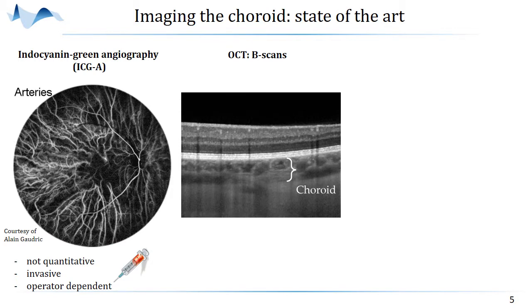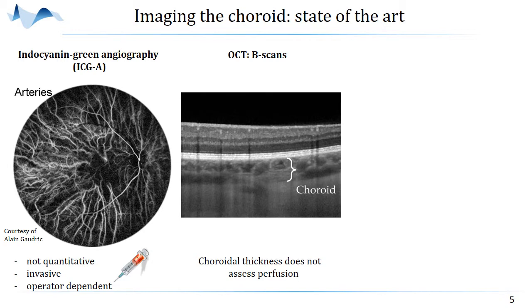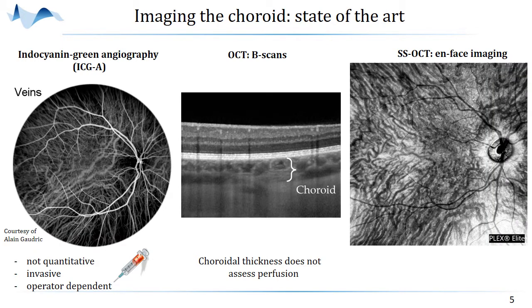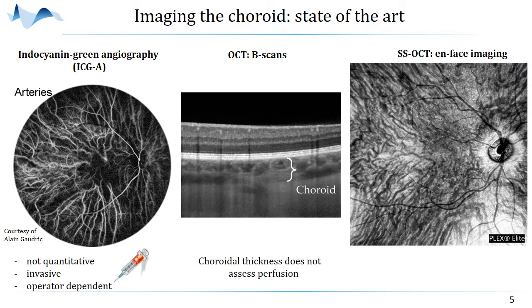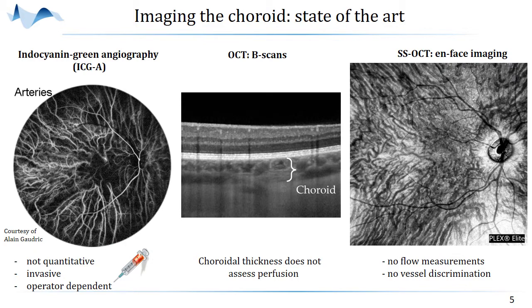The choroid has also been studied quite extensively by OCT. Using OCT scans, you can assess the thickness of the choroidal compartment quite reliably, but this thickness has not been found to assess or even reflect perfusion. And finally, swept-source OCT with the commercialized PLEX Elite system has recently been able to show choroidal vessels, but unfortunately on these images you don't have any flow measurements or vessel discrimination.